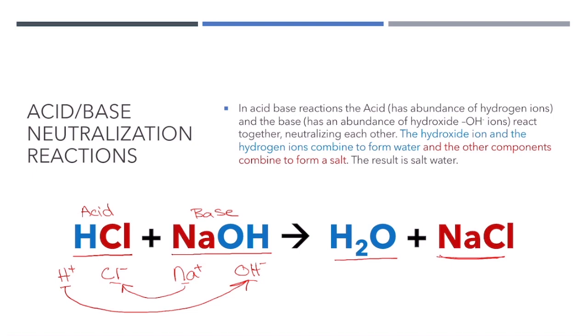When we say an ionic salt, any ionic compound, if it's not dissolved in water, forms a crystalline solid substance. And so any ionic compound, we can use the term salt to describe, right? So an acid-base neutralization reaction always forms water and some kind of ionic salt.